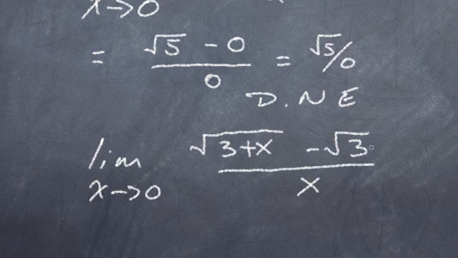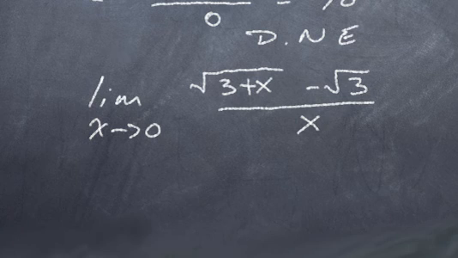Now you notice in the last problem there was an x under the radical. Well, here we have a 3, and because this is a 3 plus x, we're going to end up getting something different. This is a typical problem that you might see either in your homework or on a test.